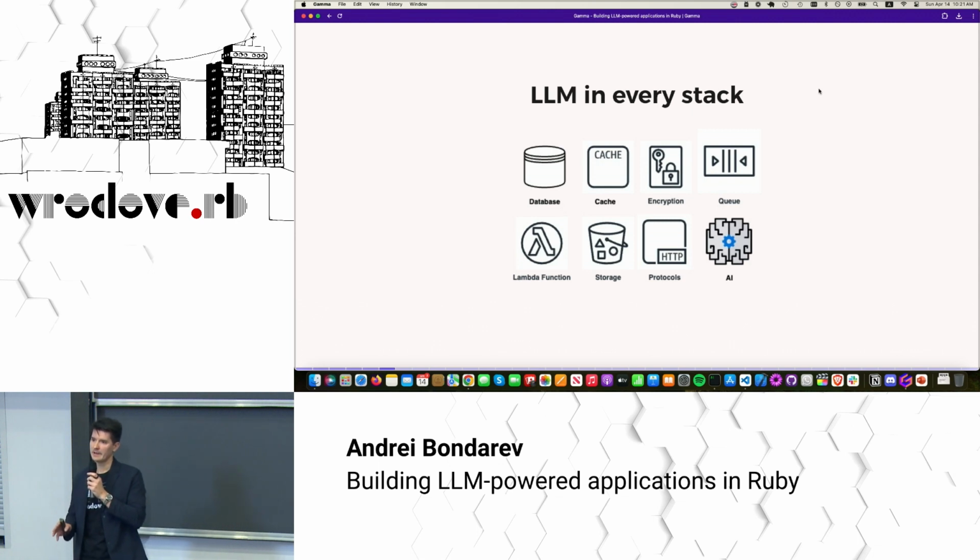generative AI is going to become a part of every single tech stack, the way the databases, the cache, encryption, queues, Lambda functions, storage, and the protocols are. So every tech stack is going to have this running process that it's going to rely on for certain things.